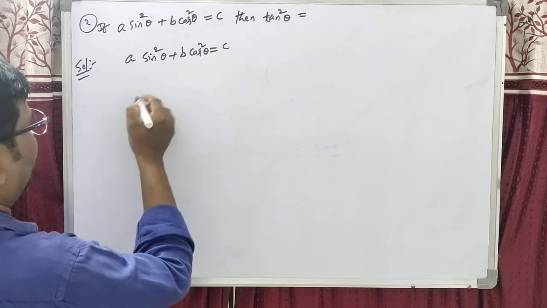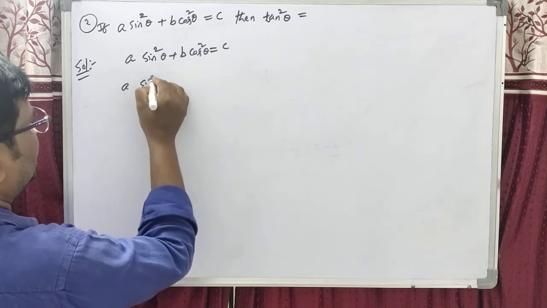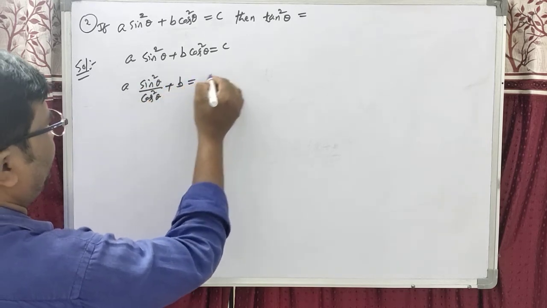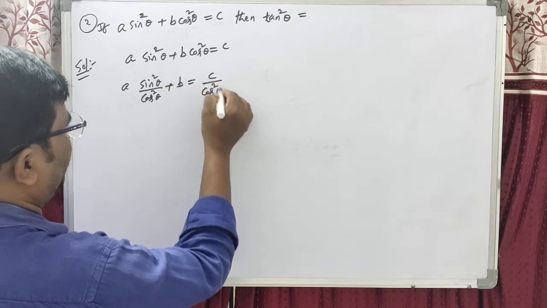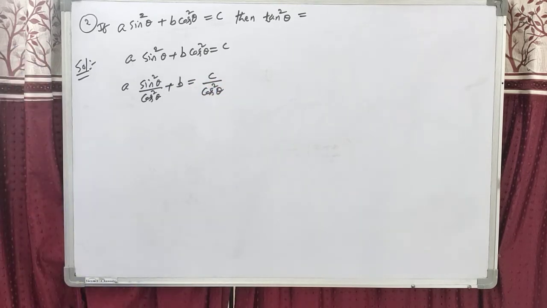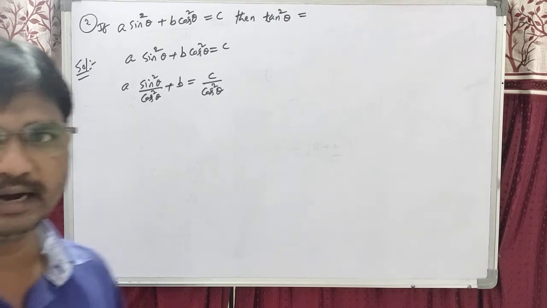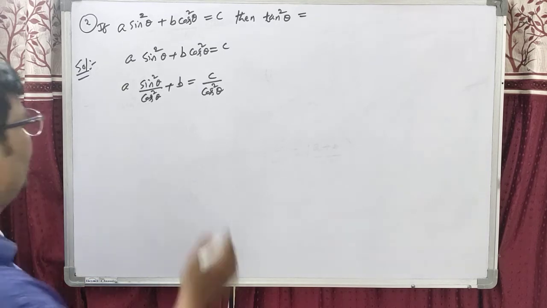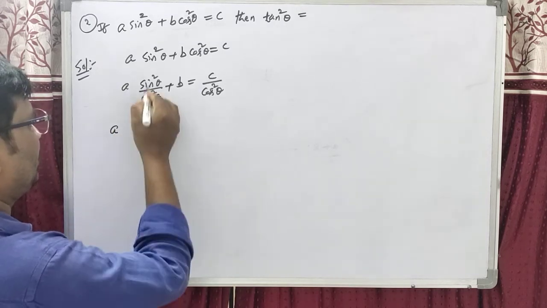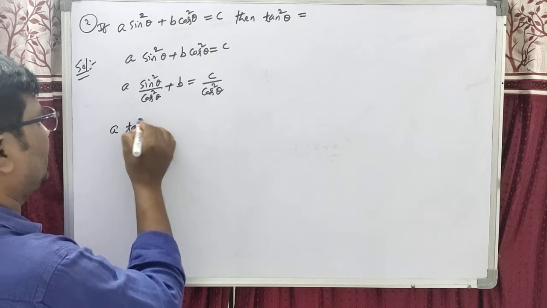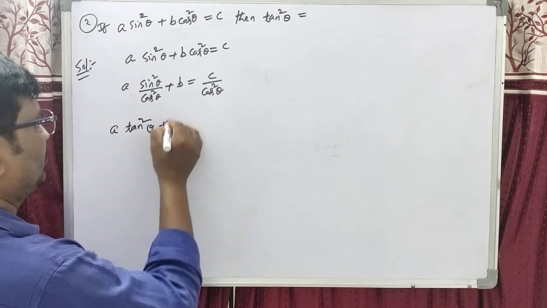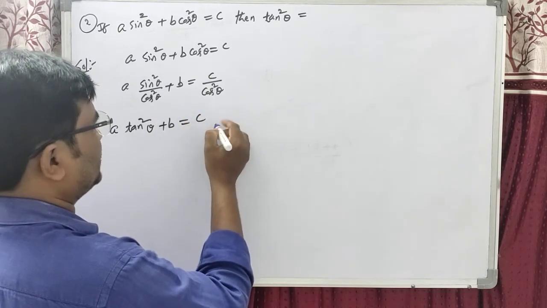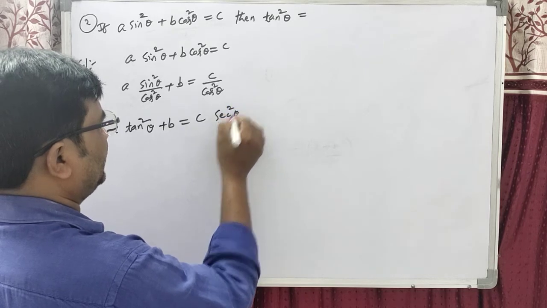Now this is A into sin square theta by cos square theta, plus B, and C by cos square theta. In the first step we have to take only the division by cos square theta. Dear students, A into sin square theta by cos square theta is tan square theta, plus B, and C into the reciprocal of cos, which is secant square theta.